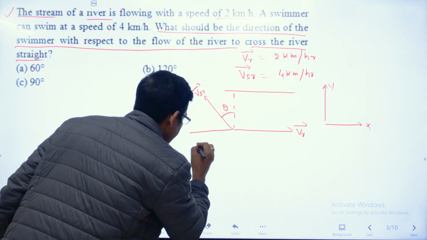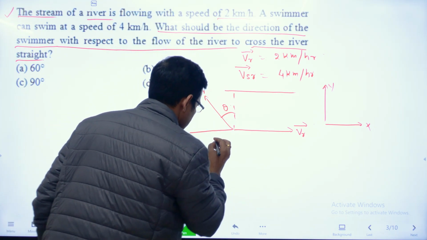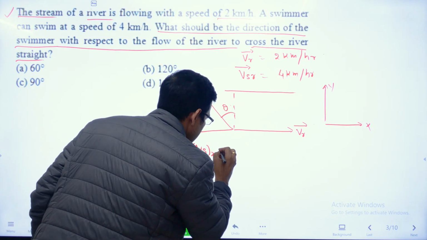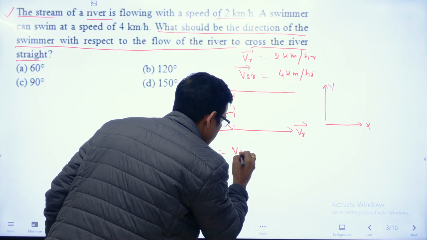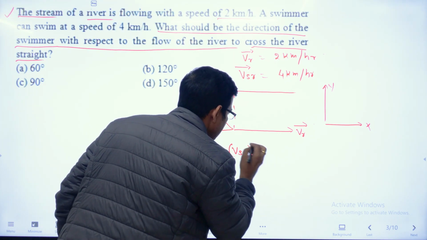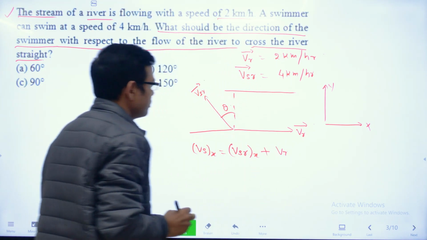So we can say that the velocity of the swimmer along the direction of x is equal to the velocity of the swimmer with respect to the river along x plus the velocity of the river.